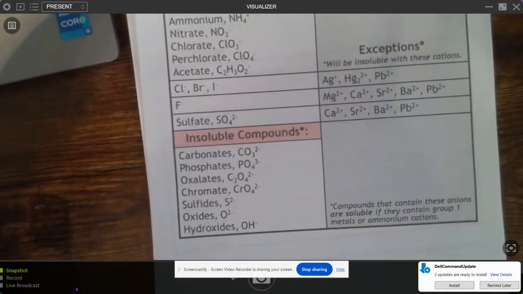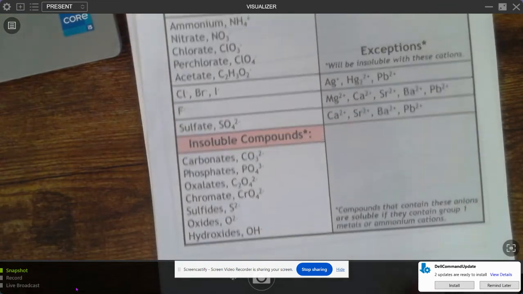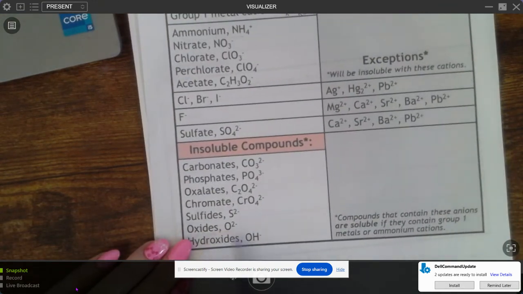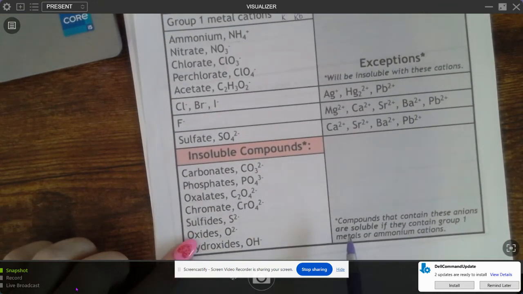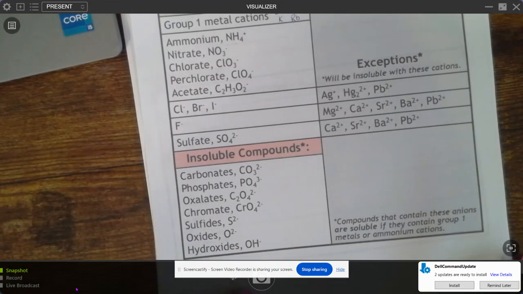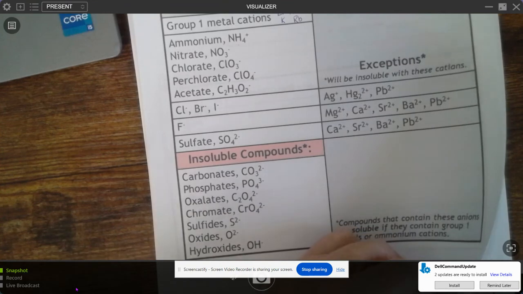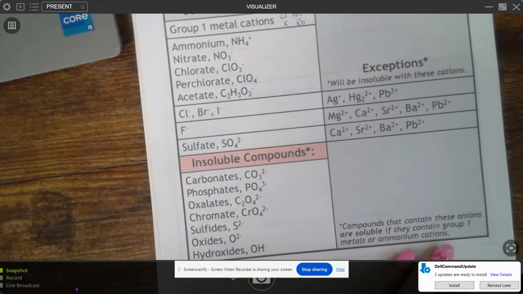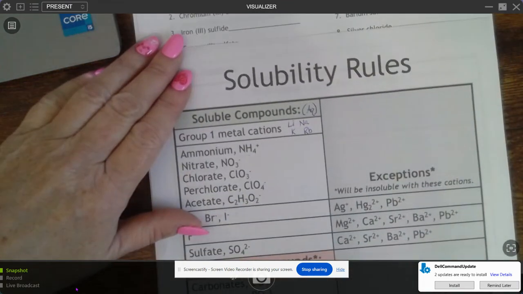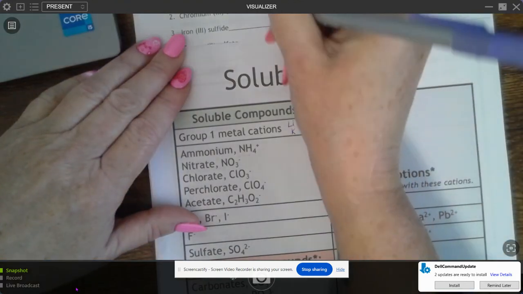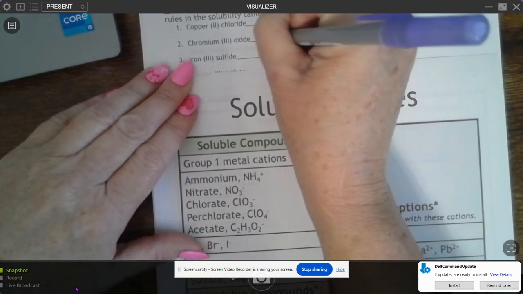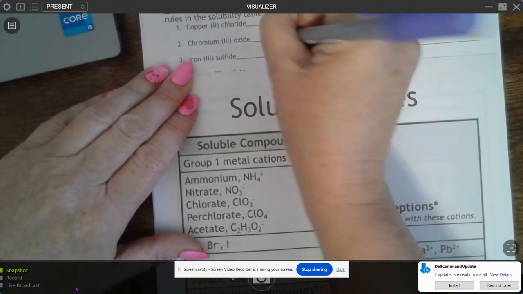Down here, oxides are insoluble unless they're with one of the group 1 metals or ammonium. Our compound was chromium oxide, so that is going to be insoluble. So we would write solid.